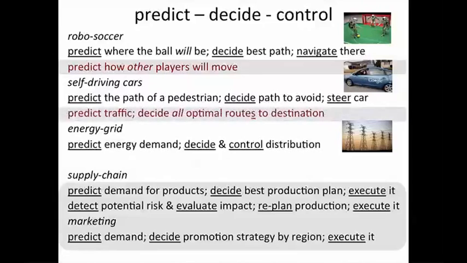Similarly, one might need to predict traffic based on possible inputs from many different people about where they want to go that day. Based on that, you might want to decide the optimal routes to a destination for everybody.